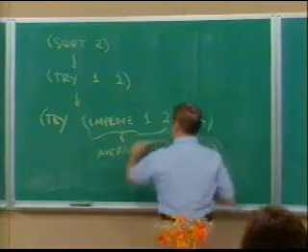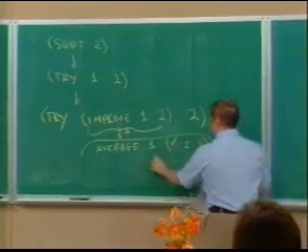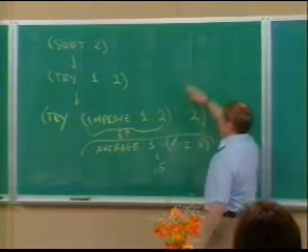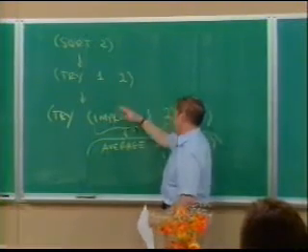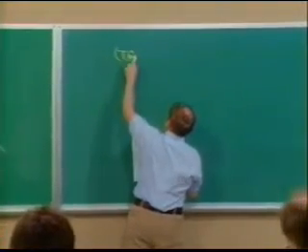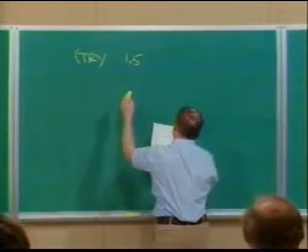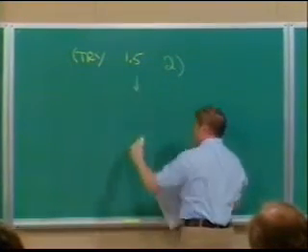And this is 1.5. So the square root of 2 reduces to trying 1 for the square root of 2, which reduces to trying 1.5 as a guess for the square root of 2. So that makes sense.